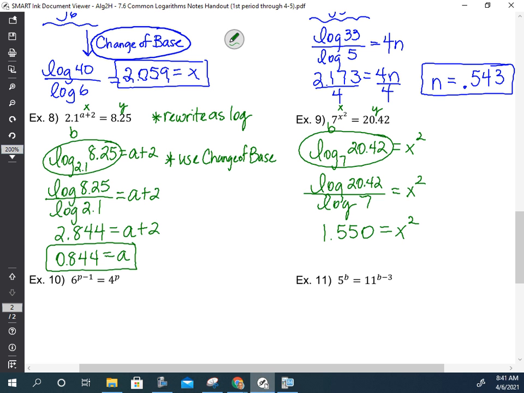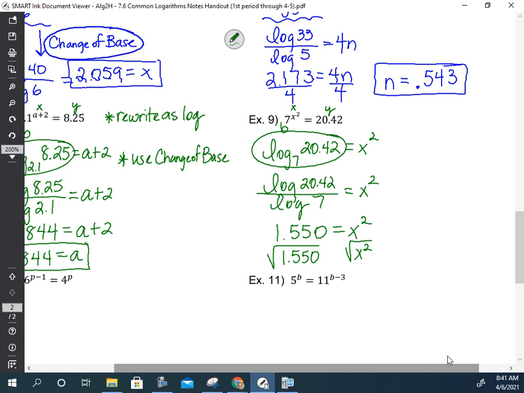So this time we have x squared. We can get rid of x squared by taking the square root of both sides. So you have x equals plus or minus 1.245.